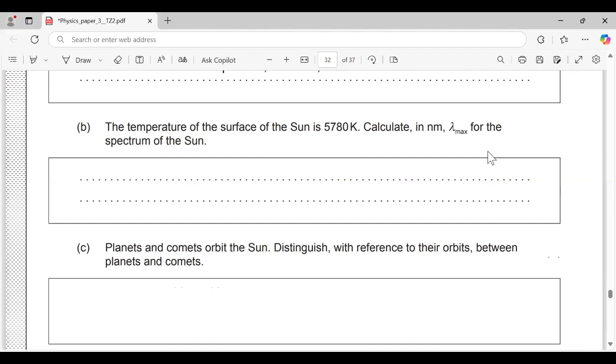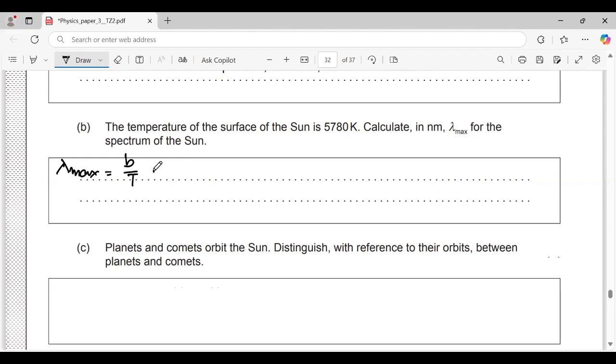I'm going to use Wien's displacement law, which says lambda maximum equals B over T. B is Wien's constant, 2.898 times 10 power minus 3 meter Kelvin.